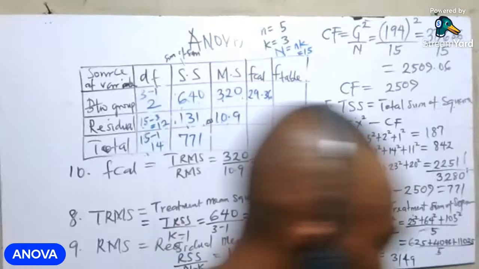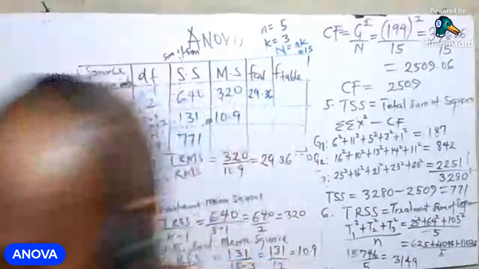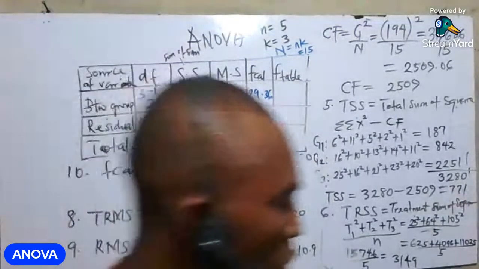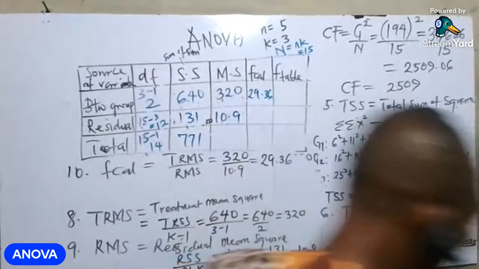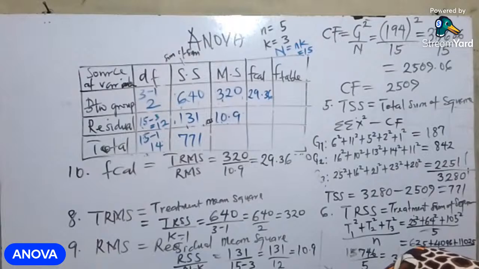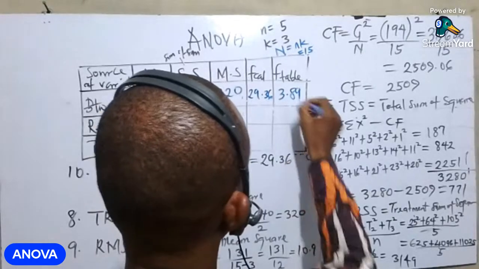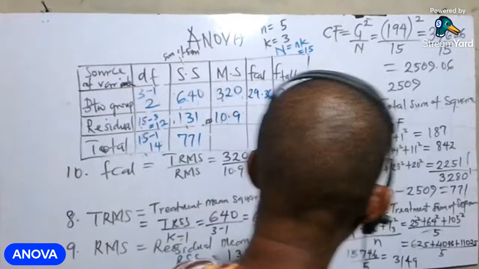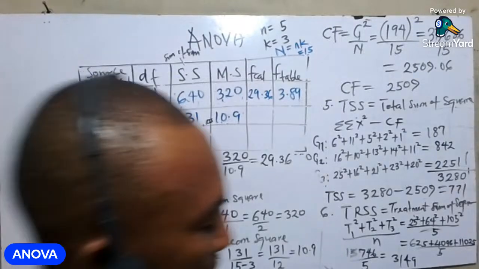So let me look for my 4-figure table now. When I check my 4-figure table under 0.05, my F table is 3.89. Ladies and gentlemen, we have completed the analysis of variance table.